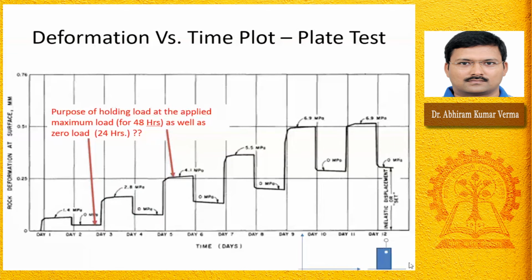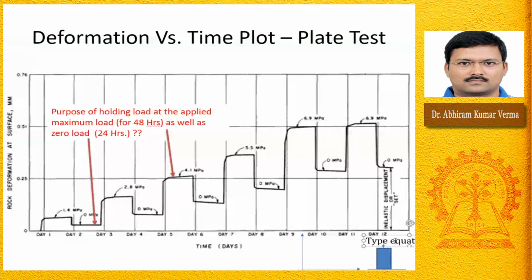The load can be of any nature; it doesn't have to be UCS. I am just citing an example that this loading is creep loading, in which we keep the load constant.